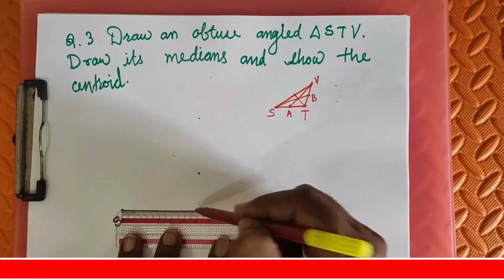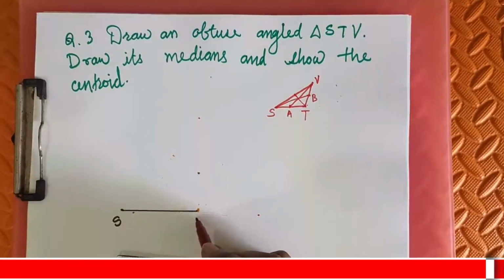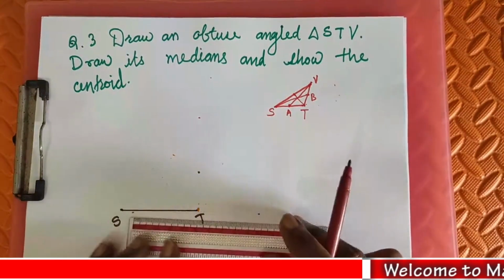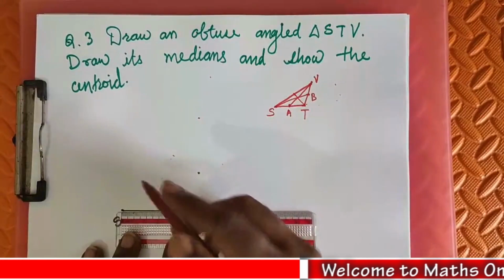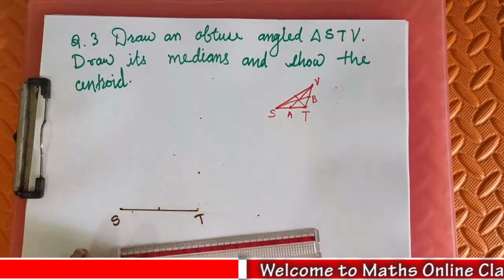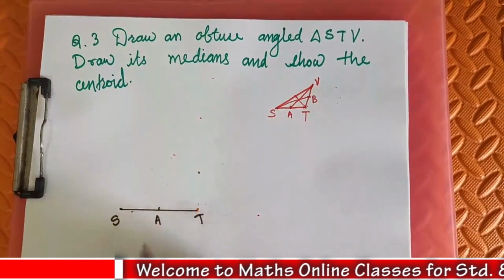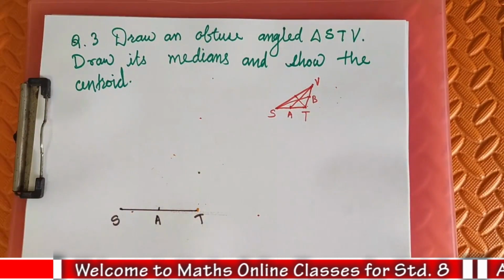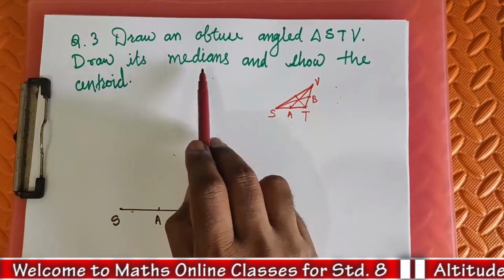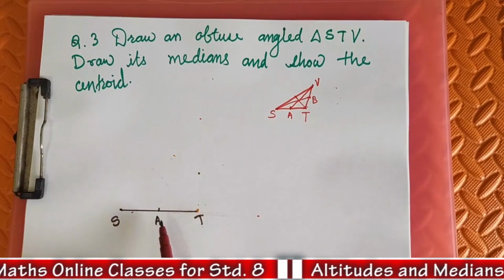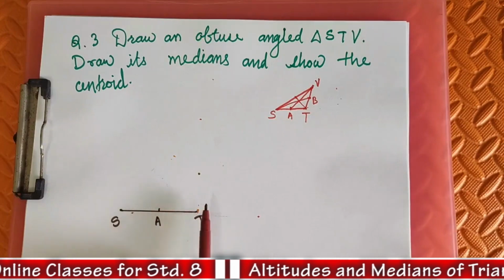Join these 2 points, point S and point T. It will be 6 centimeter distance, and at 3 centimeter you have to take another point, this point A. As medians are asked, we must have all the midpoints on each side.